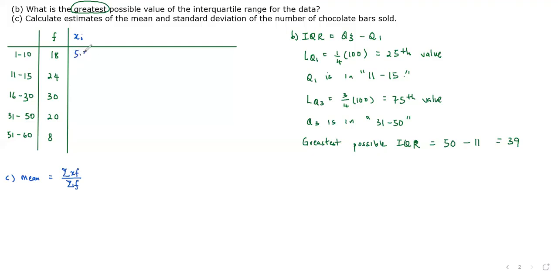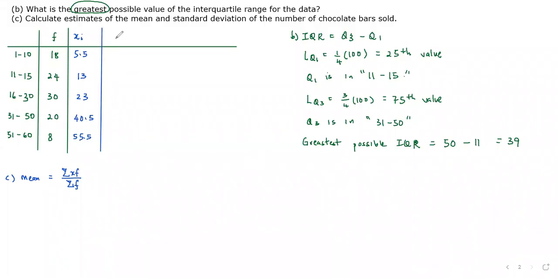We have 5.5. And for the second class, we have 13. The third class is 23. The fourth class is 40.5. The last class is 55.5. That will give us the class midpoints.